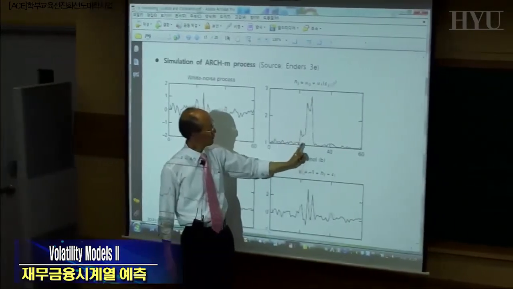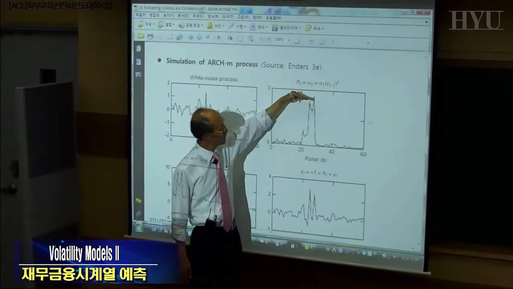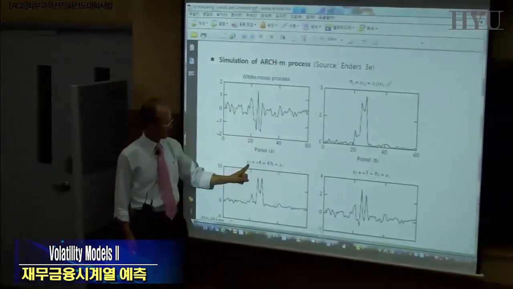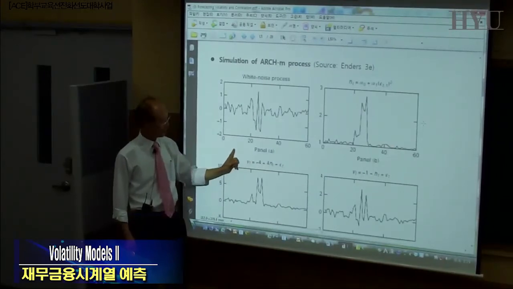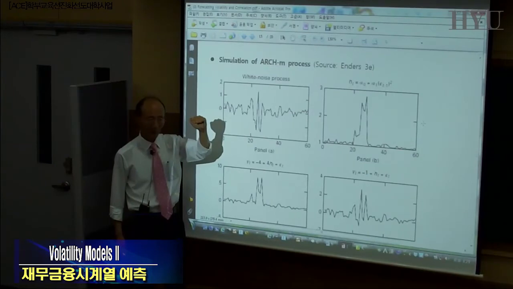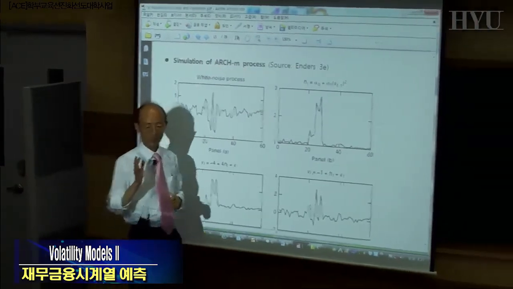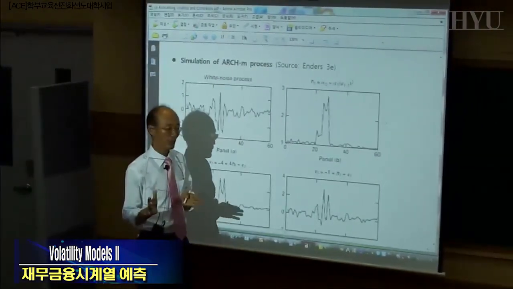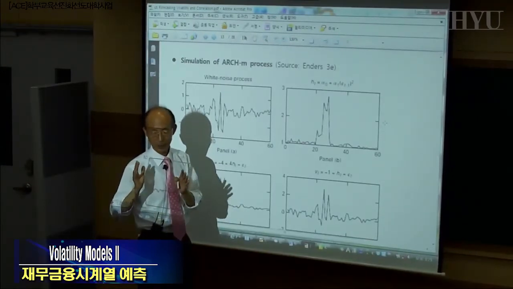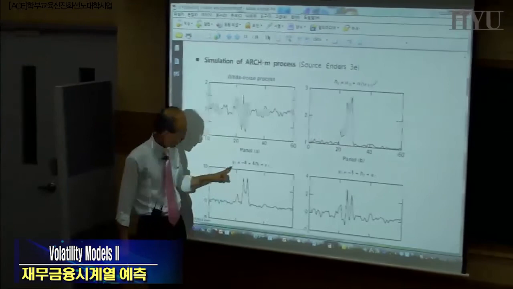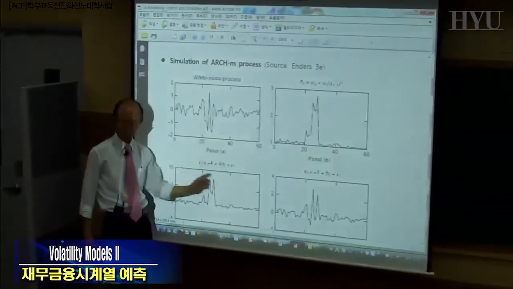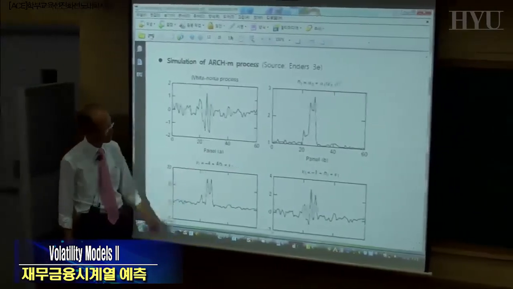So if this stock is that risky, then you will raise this one, so the expected return is going to be higher, right? So a less risk-averse investor will buy that kind of stock, right? So that kind of model could be built in this framework.